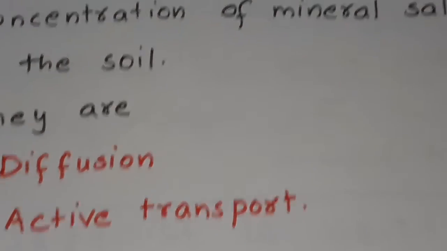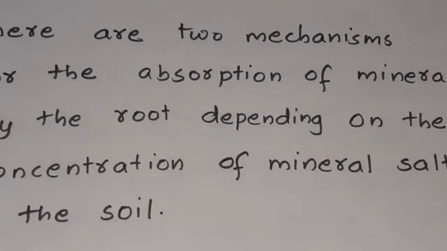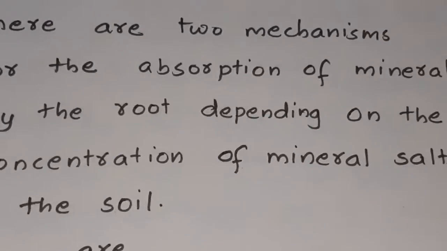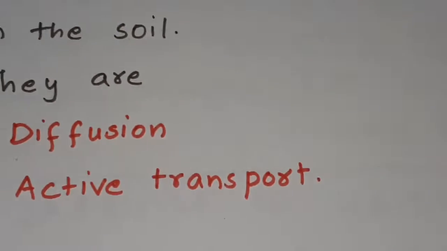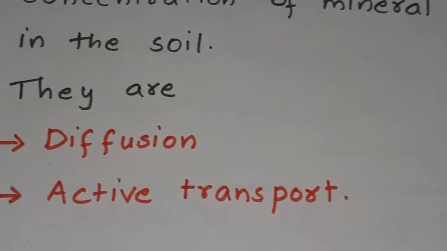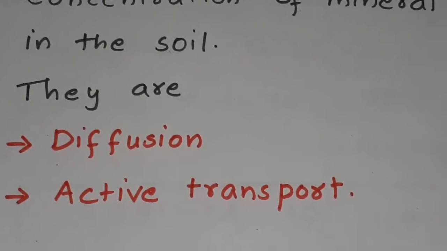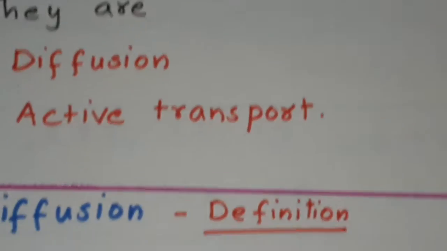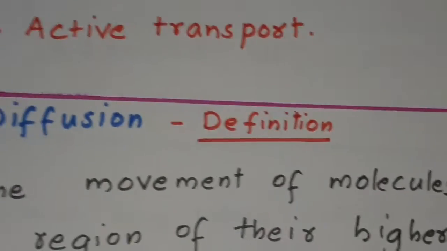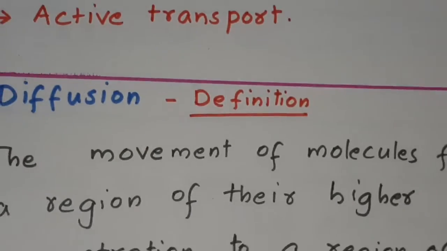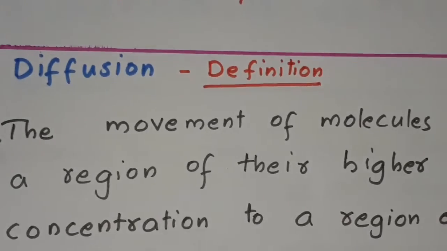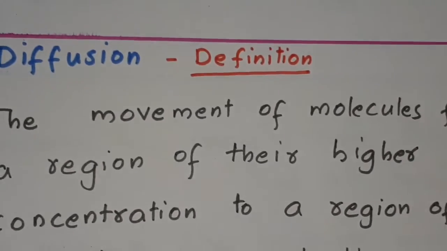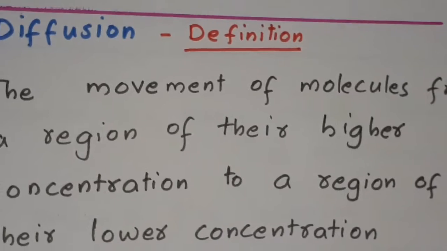Sometimes in soil, the amount of mineral may be high or low. But here we'll see what the two types of mechanisms are. The names of these two mechanisms are, one is diffusion and the second one is active transport. Diffusion and active transport. These are the two mechanisms of the plant to absorb water and minerals from the soil. Okay, we'll see one by one.